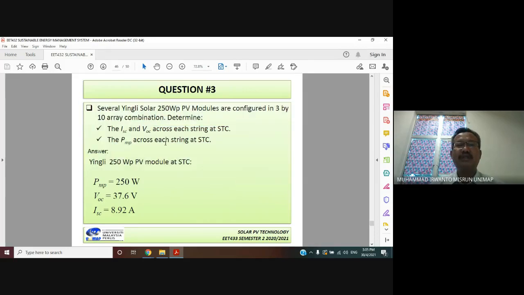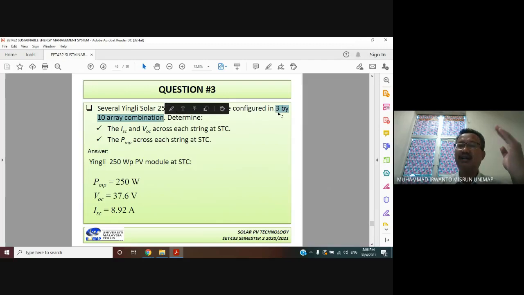Same as before, we have to know from the datasheet of the Yingli Solar 250 watt the VOC, short circuit current and maximum power. And then we have to understand what the 3 by 10 array combination means.